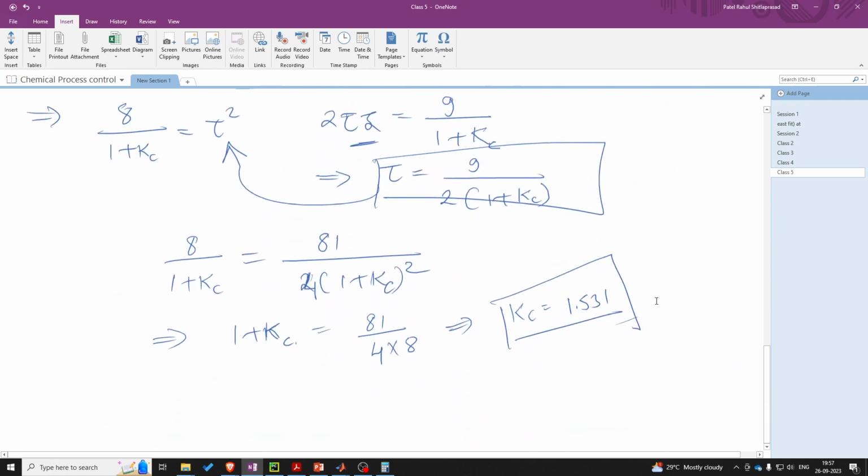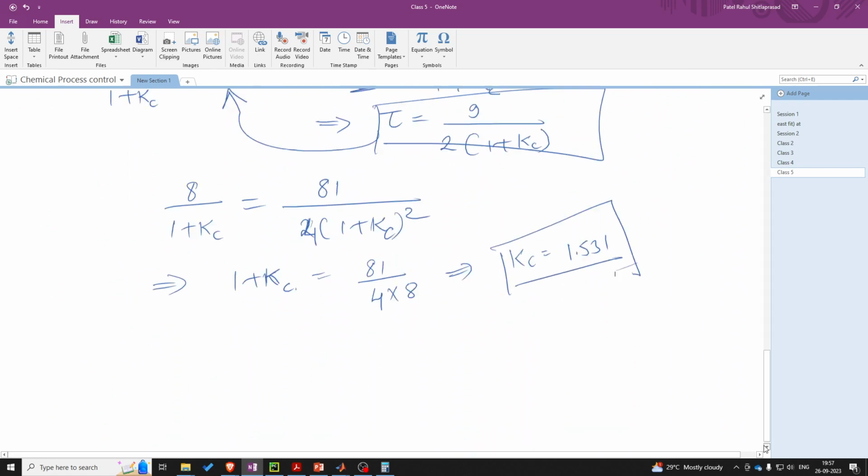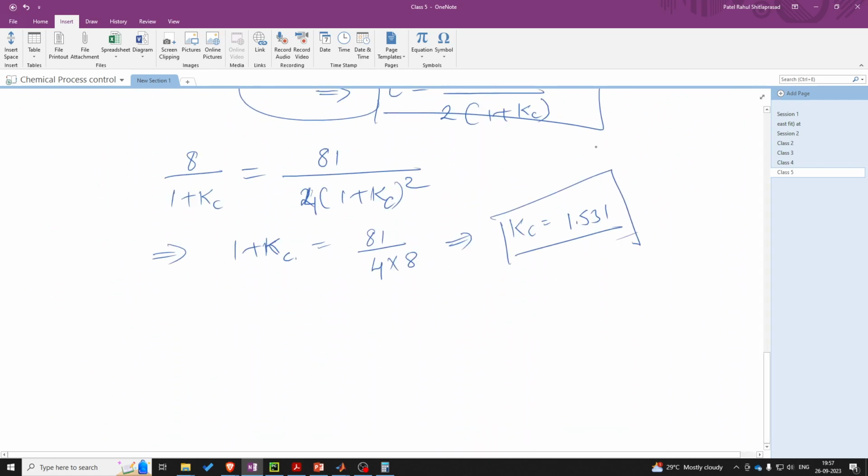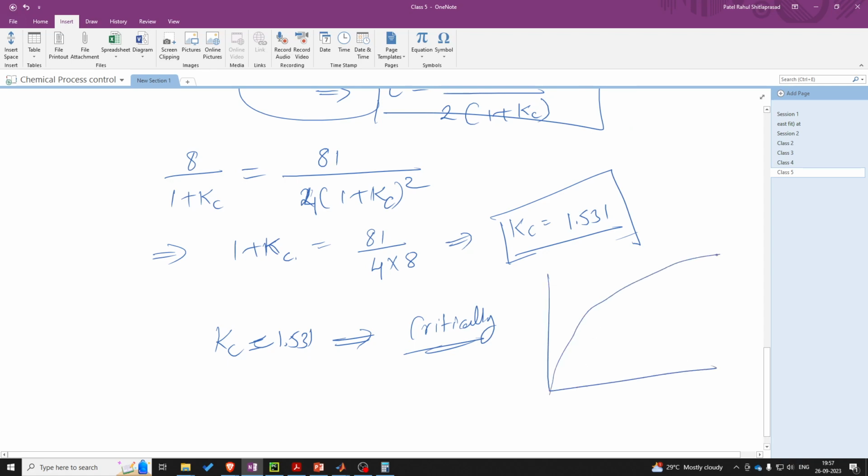So just to analyze what we did in the question, we found the value of the proportional controller constant for a critically damped system. That is, for the value of Kc equal to 1.531, the system is critically damped. The response won't be oscillatory.